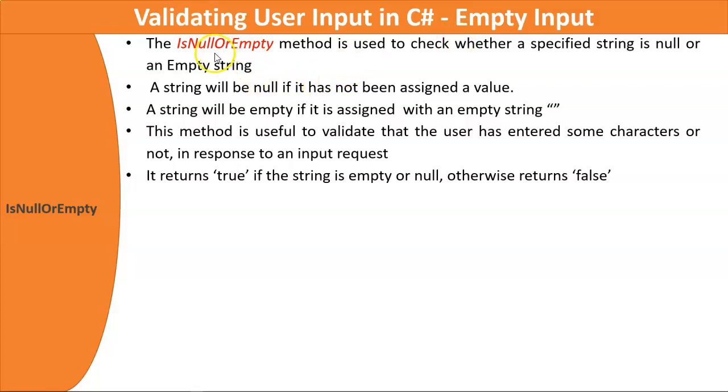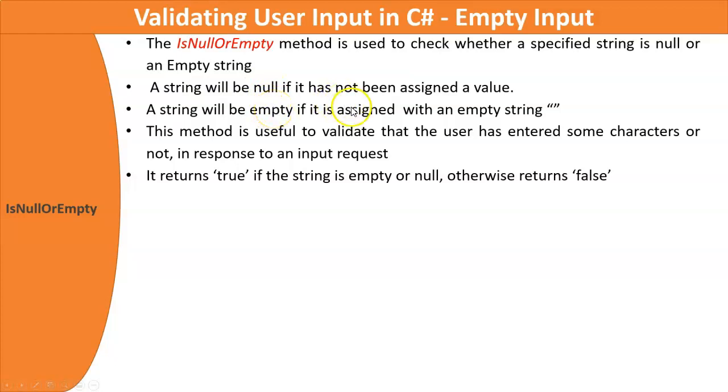There is a method used for that. The method is called the isNullOrEmpty method. This method is used to check whether an input string is null or empty. What is a null string? If a string is not assigned any value, then that string is called a null string. Now what is an empty string?